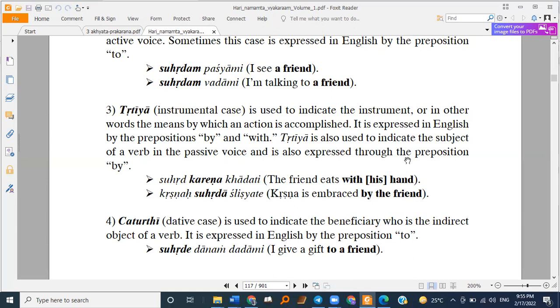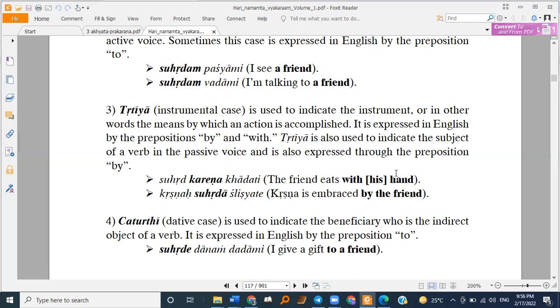Now, kara means a hand, like kara kamala, the lotus hand. So Suhrit karena khadati, the friend is eating with his hand. So the hand becomes the instrument of the activity of eating.